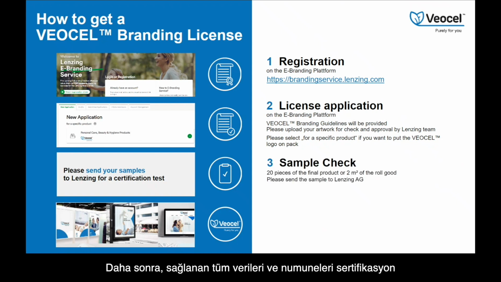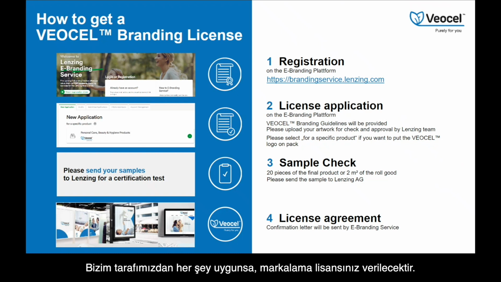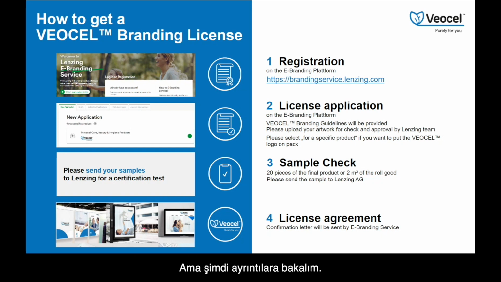We then check all the provided data and also the samples if they are compliant with our certification criteria. If everything is okay from our side, we will grant your branding license. Any VEOCEL brand license is valid for 2 years. But let's look into the details now.